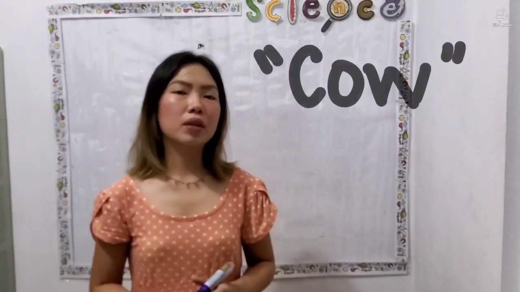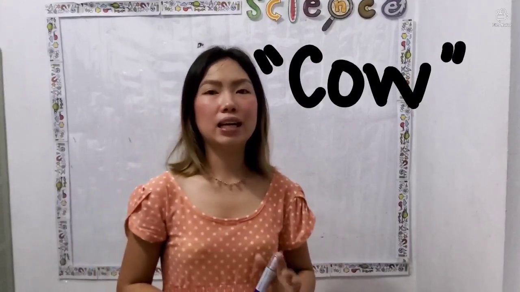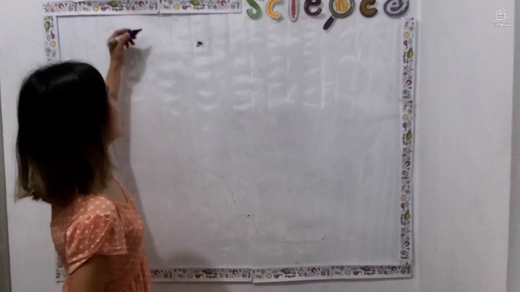Okay, so let us talk more about codominance. So sabi natin kanina, in the codominance, it is the expression of both alleles of the parents. Kumbaga, kung anong trait ng magulang ay parehas na nakikita dun sa naging offspring or dun sa naging anak. So let us have an example of a cattle or baka. For example, meron tayong black cow.